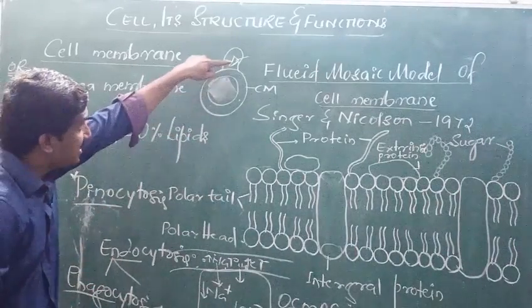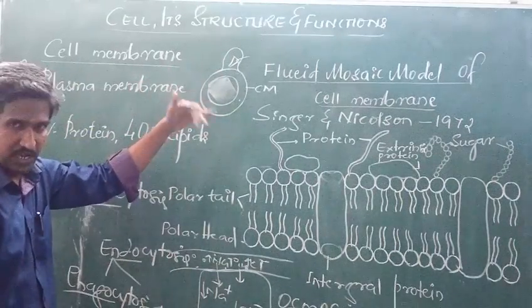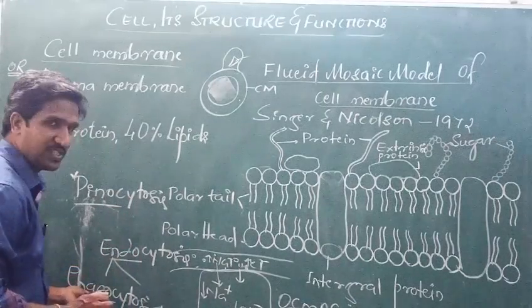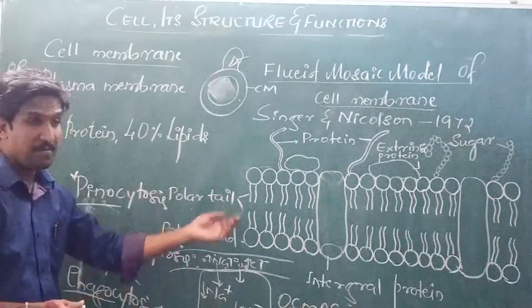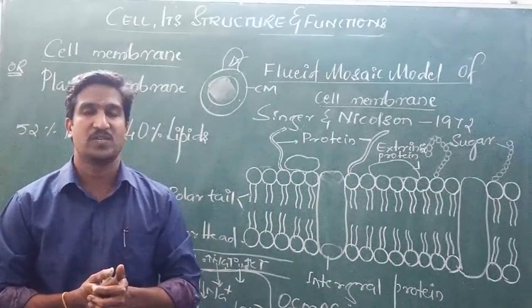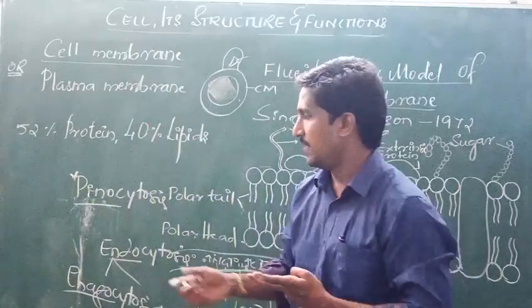The cell is eating the solid substance to kill it, not only to kill it, but to utilize it. That is called phagocytosis. When the plasma membrane takes the fluid material inside, that is called pinocytosis. So cell eating, cell drinking, generally we consider that.